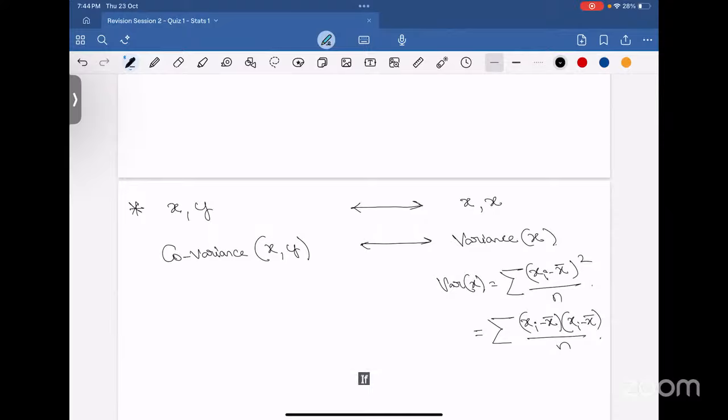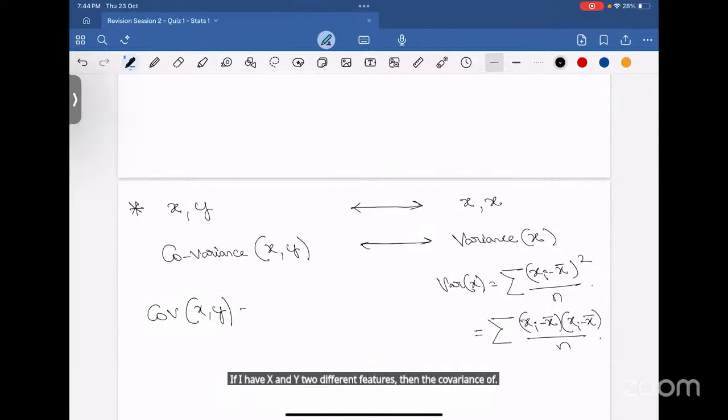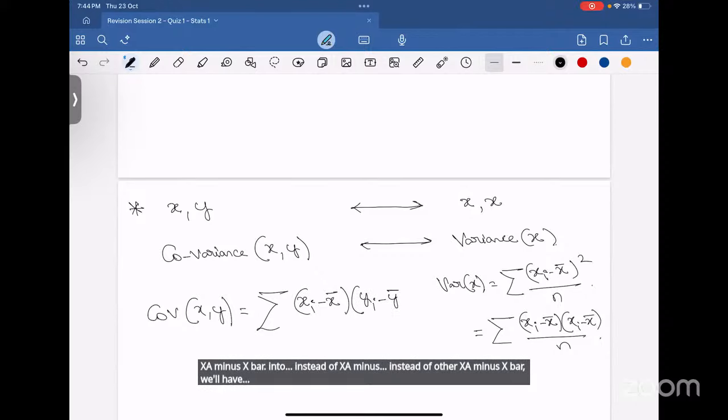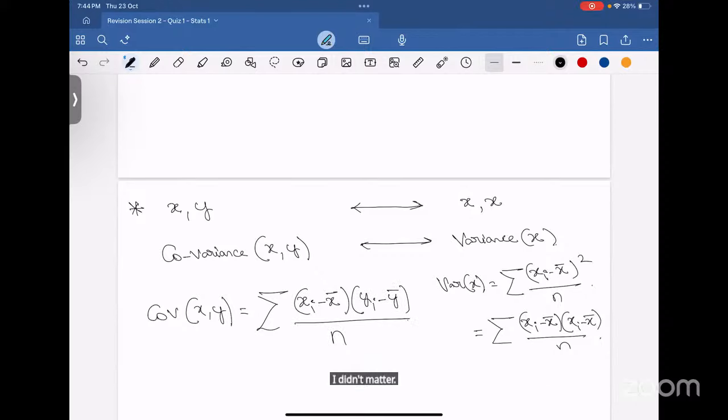If I have x and y, two different features, then the covariance of x comma y will be summation xi minus x bar into, instead of the other xi minus x bar, yi minus y bar, divided by n.